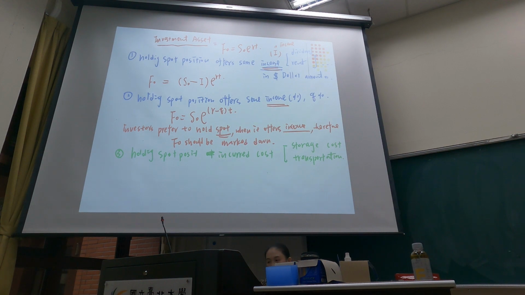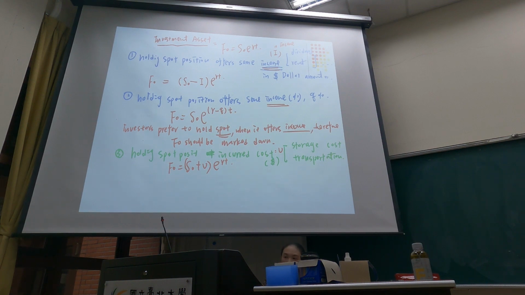Okay, so first of all, it can be in dollar amount as well. In that case, people will prefer holding the futures rather than spot, right? So this will give U as a symbol. If you hold the gold spot, it's really heavy.